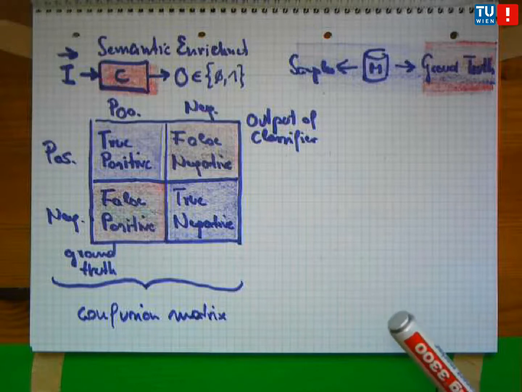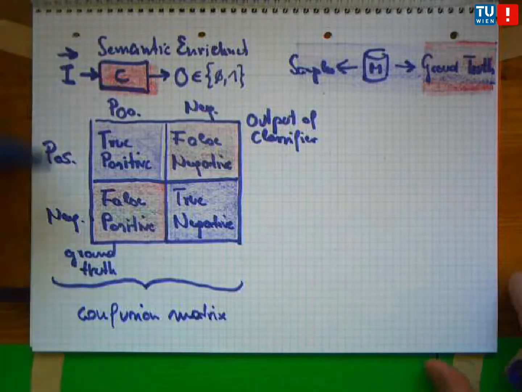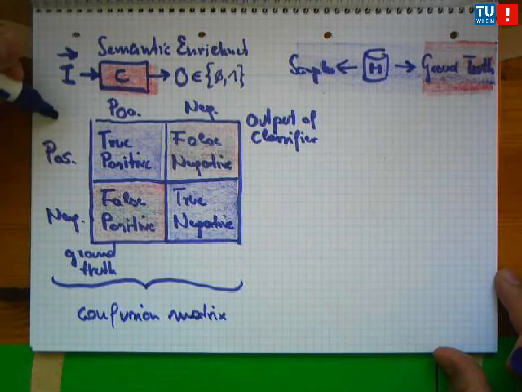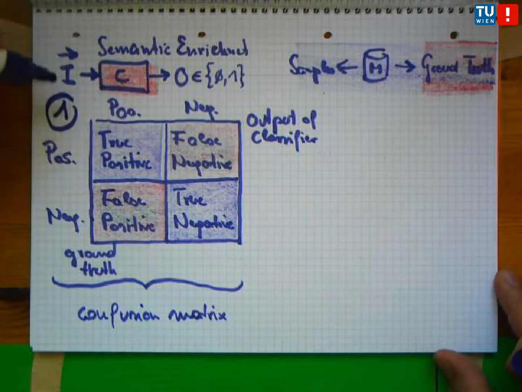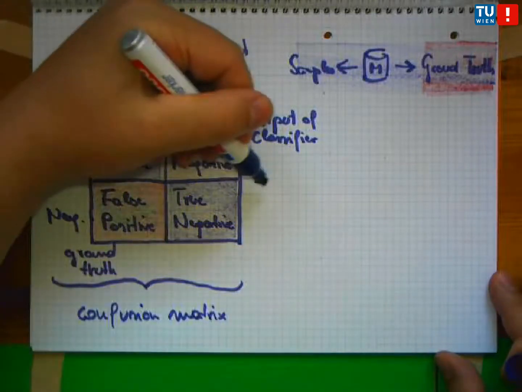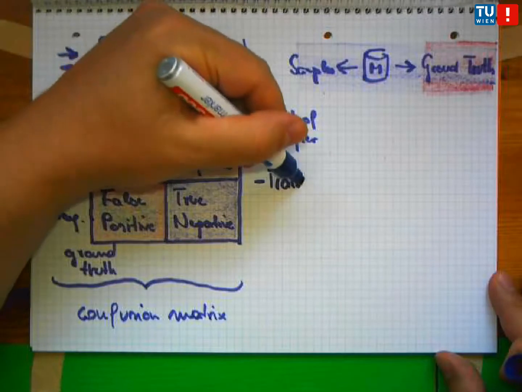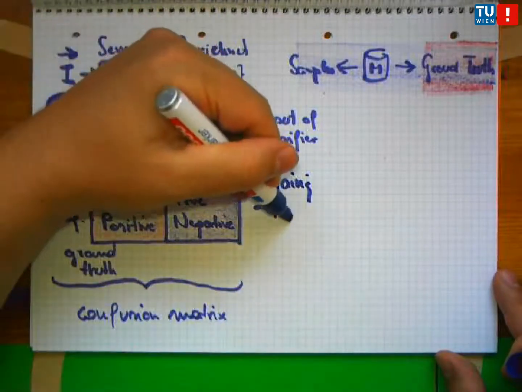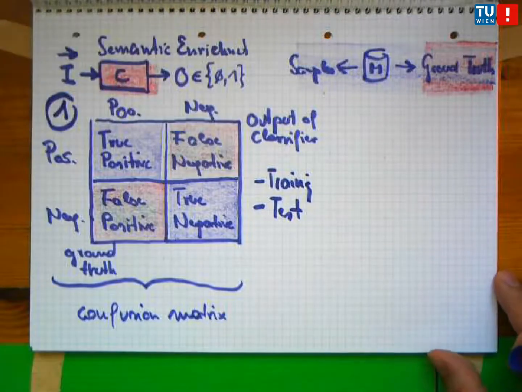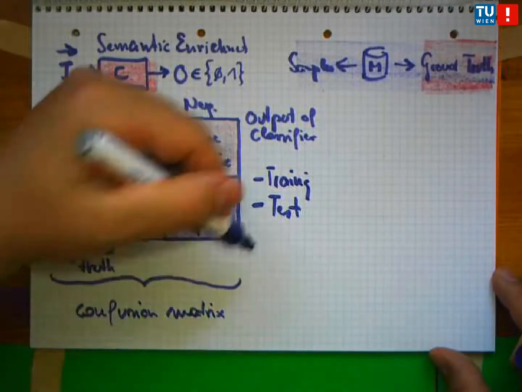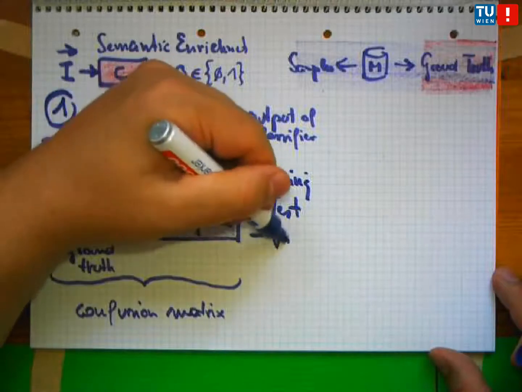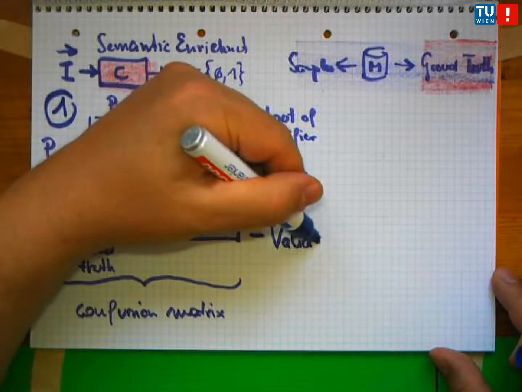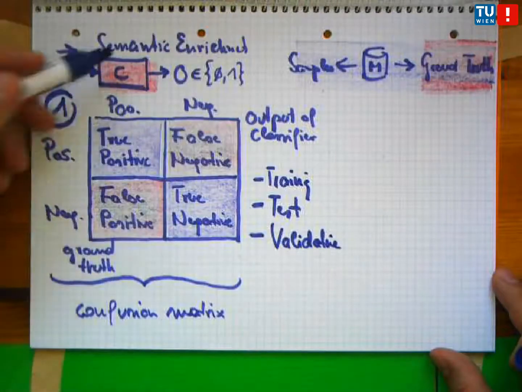So what you always do when you do evaluation, the first thing is, after the training with your training set, you employ your test set in order to check for a certain parameterization, and in the event you use your validation set in order to test the overall approach.